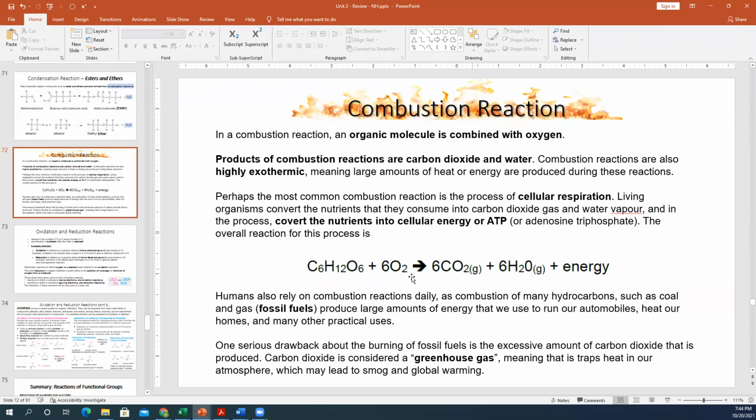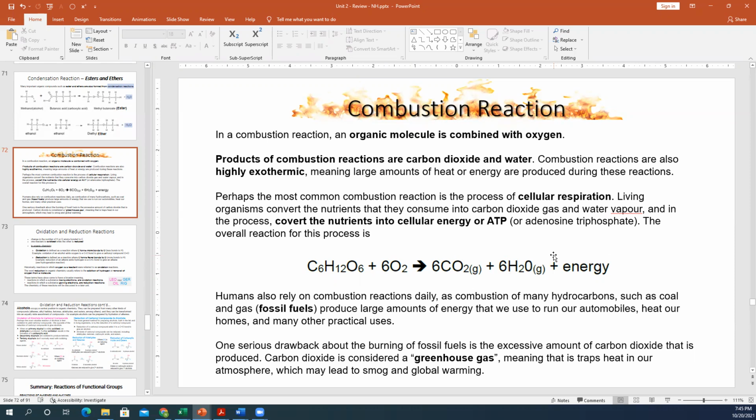And then you have to balance how many carbon dioxides, how many waters, how many oxygens, to account for everything that is on the reactant side, so it adds up to everything on the product side, whether it be a sugar molecule, an alcohol that is being burned, or some sort of alkane. Whatever is being burned in this combustion reaction is reacting with oxygen and giving carbon dioxide and water. And then you have to make sure you put the right numbers in there to balance the equations.